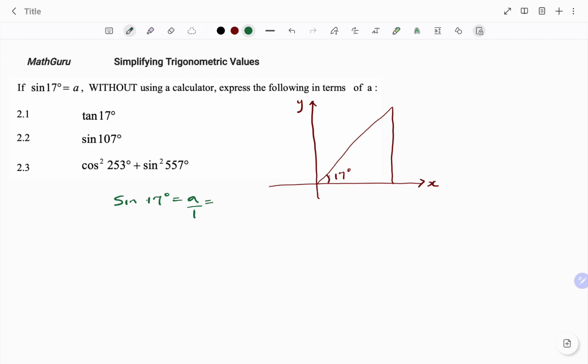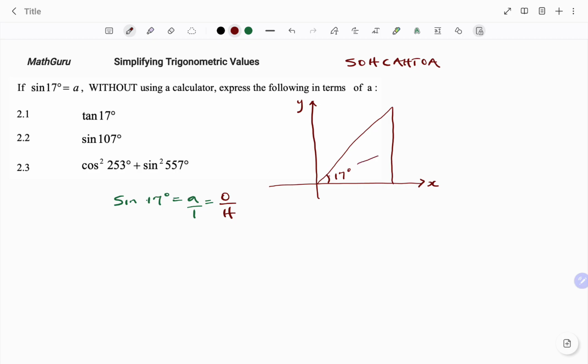And we know on the trig ratios, using SOHCAHTOA, the acronym for remembering the ratios of each trig function, sine is opposite over hypotenuse. So my opposite will be A and my hypotenuse will be 1.